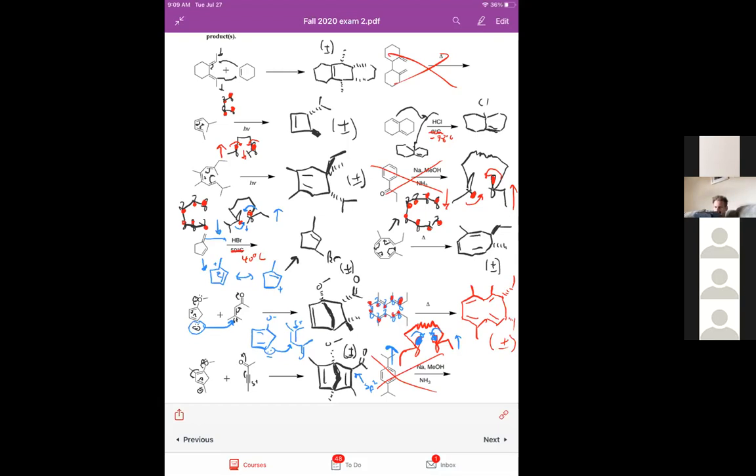But the fall of 2020 was the first actual semester of COVID, and it was pretty rough. So the spring exam, I would say, is a better example of what you should expect to see. Let's go on to the next page.